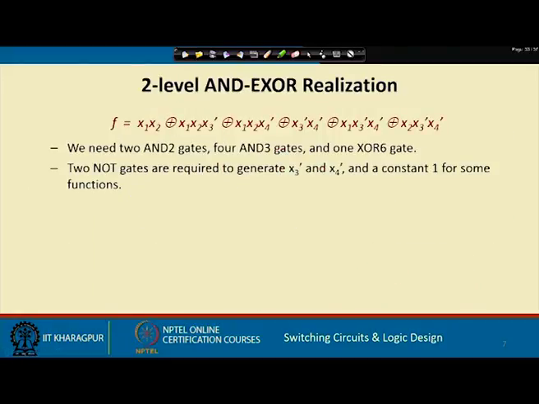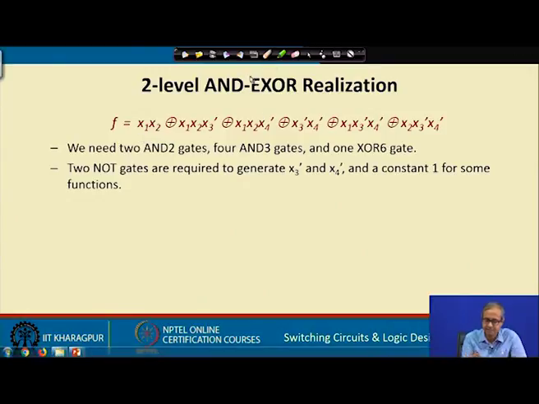Now, let us talk about two level AND-EXOR realization. So, the function that we just arrived at, the function is like this. So, in order to implement it, what do we need? So, how many product terms are there? 1, 2, 3, 4, 5, 6.